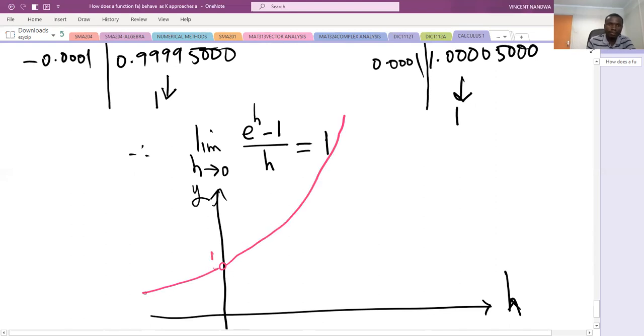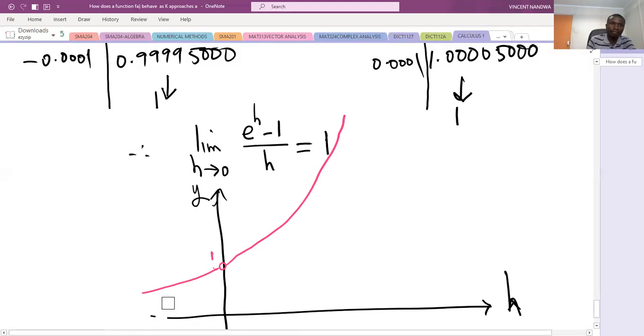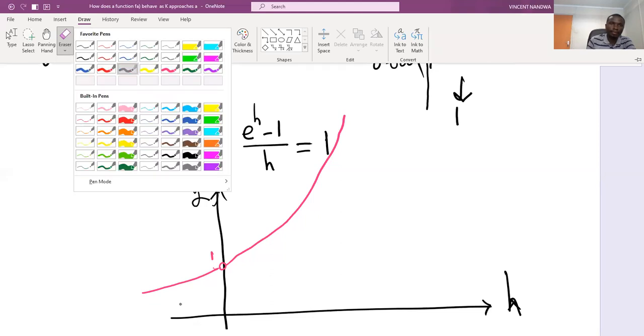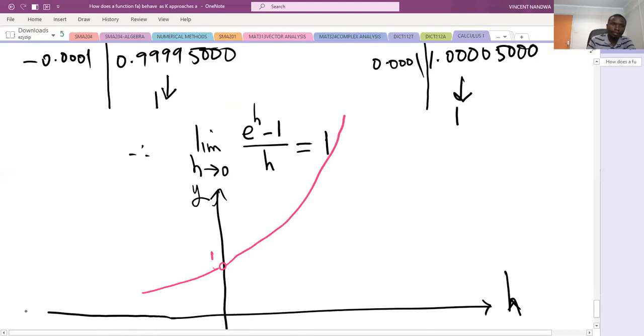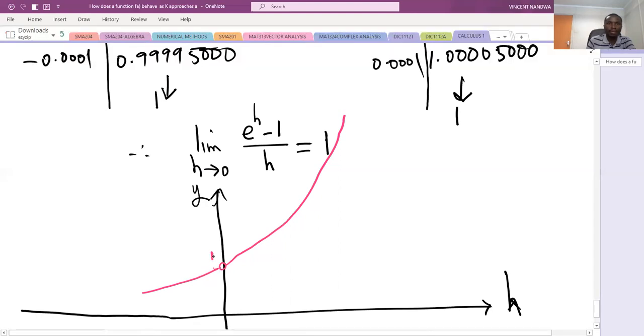So you see, from both the left and the right, the value is approaching 1. So therefore, the limit as h approaches 0 of e raised to the power h minus 1 over h will always be 1.